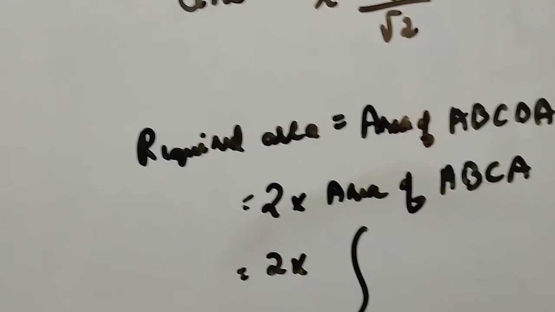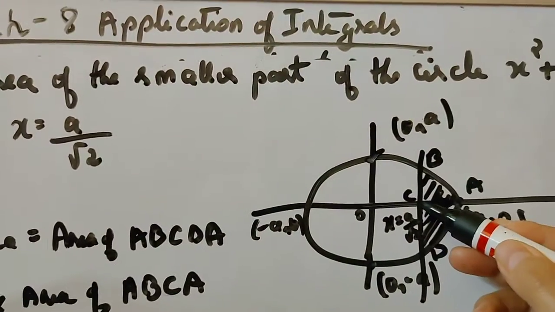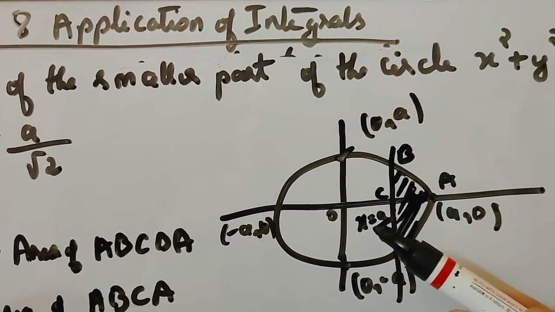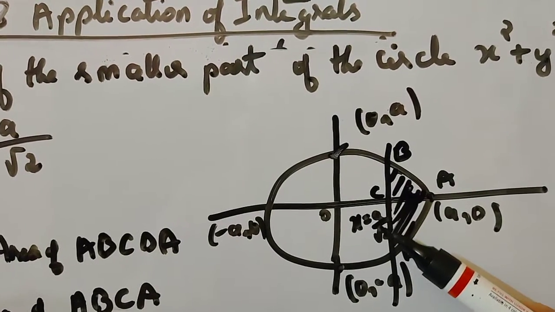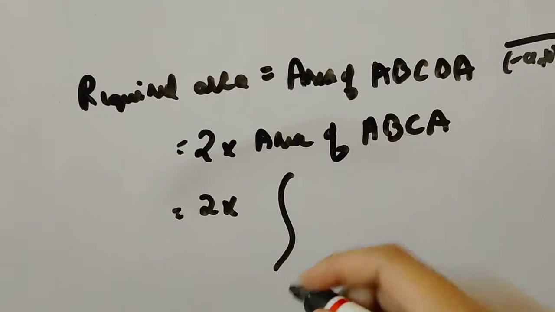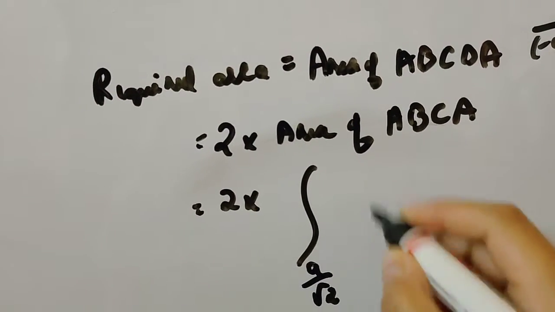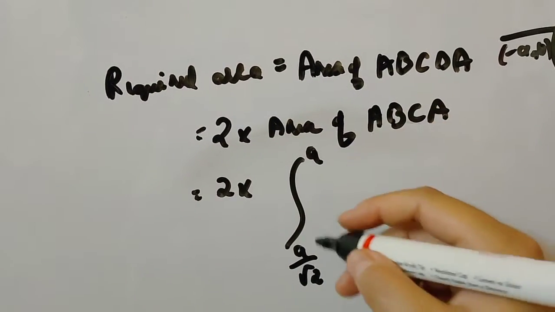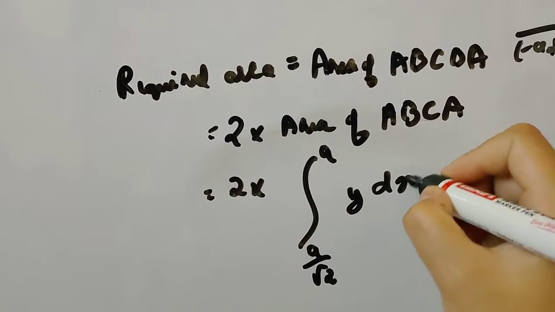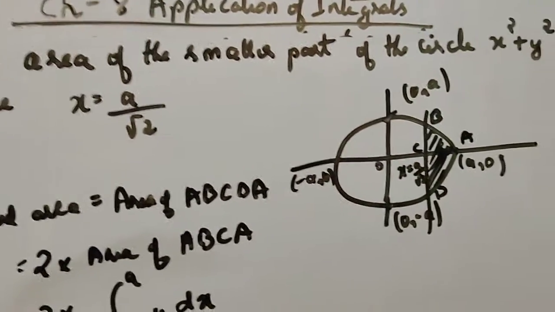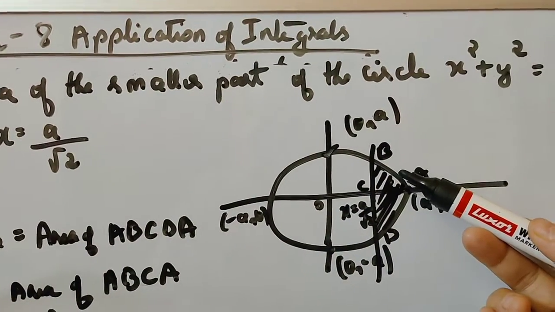Twice the integration for this part. For this part, the x value goes from a by root 2 to a. Since this is along the x-axis, it will be y dx. Now here there is only one curve, that is the circle.